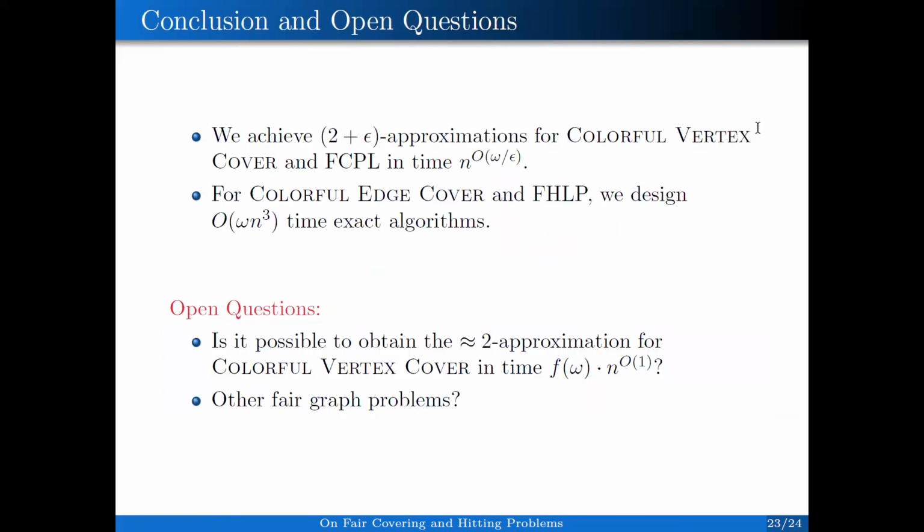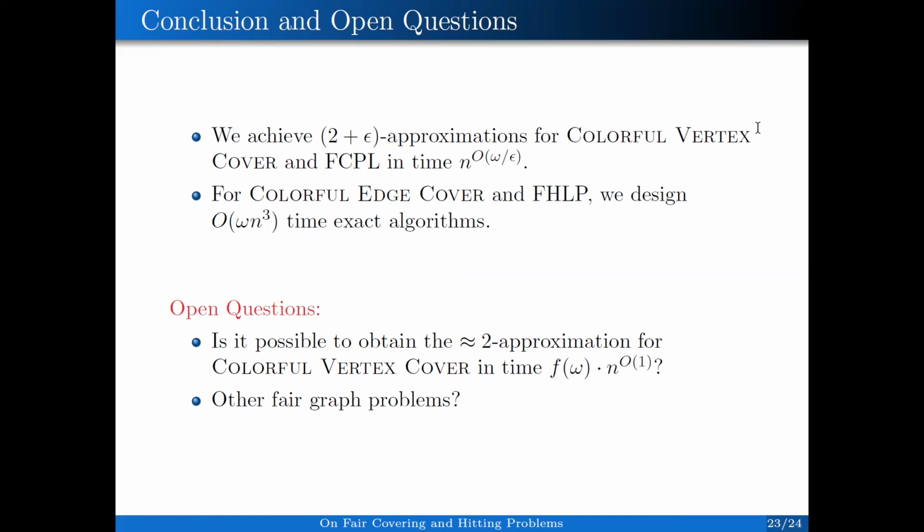So to summarize, we obtain 2 plus epsilon approximation for colorful vertex cover and FCPL. And for colorful edge cover and FHLP, we design exact polynomial time algorithms. And many open questions remain.